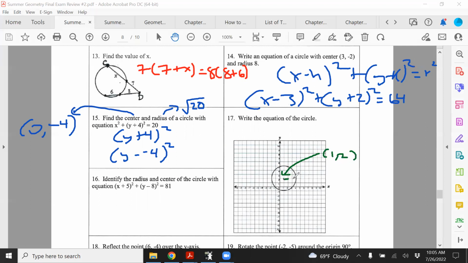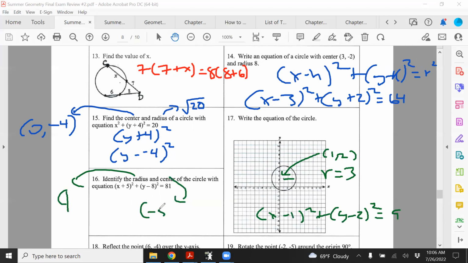The radius, just count it, is 3. So the equation is this. Probably a question like that on the final, also something like that. Here radius is 9. Center is -5/8. So not that hard.